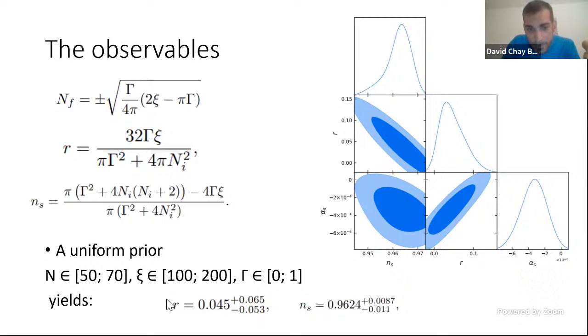Then we can see that r and n_s, the observables of inflation, sit very nicely on the best values that we see from Planck. So the model is not too sensitive: even if you take a very large uniform prior, it does not give you completely different r and n_s. So it's not too sensitive to the initial conditions that you choose. But again, this is only an idea.